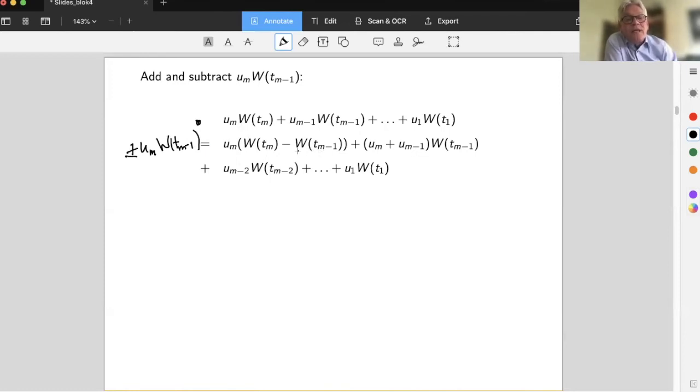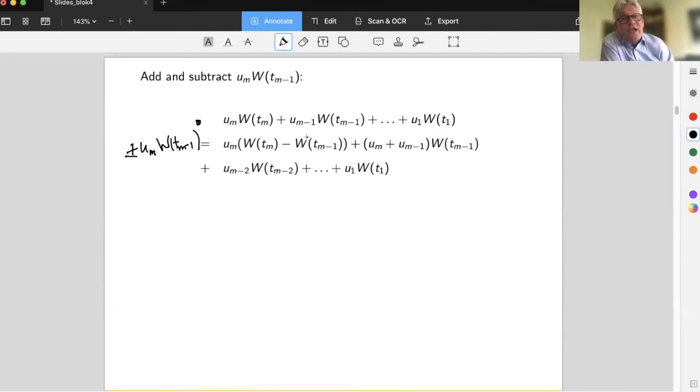This is the part that we subtract, a minus sign and a Wt(m-1), and of course we add that too. So all we did by adding and subtracting Wt(m-1) is make this first term consist of an increment. It is now Wtm minus Wt(m-1).